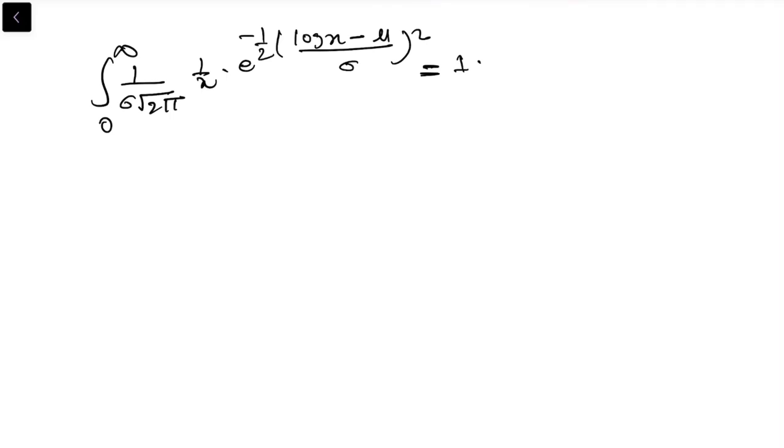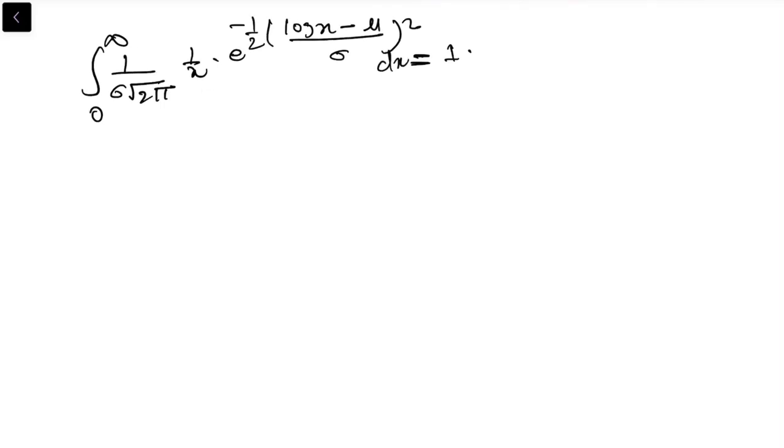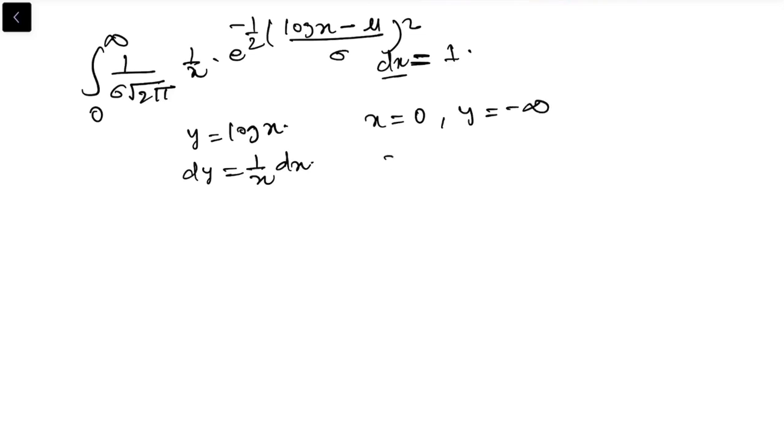And this is the property of the PDF. Now let's substitute y equals to log x, and we also need to change the limit as well as dx. So let's differentiate this. dy equals to 1 over x dx. Now in place of 1 over x dx we can substitute dy, and if we put x equals to 0, then we'll get y equals to minus infinity, and if x equals to infinity, then y equals to infinity, right? So the limits are minus infinity to plus infinity.